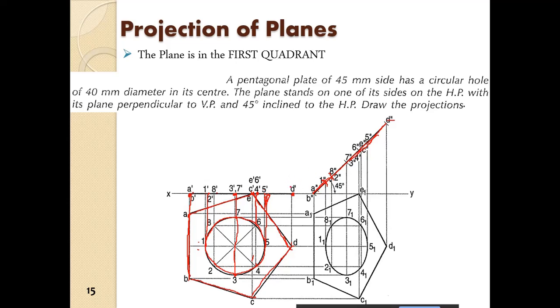So when we obtain all the various points, from A dash we project downwards, and from A we project horizontally up to this point. So we have this intersection point A1, and from B we project horizontally up to this point. So this is B1.